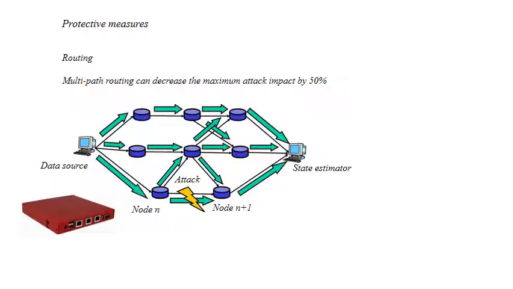So this schematic we have here is similar to the previous one, where we have a data source that wants to reach a state estimator, and it goes through a meshed network of points that are in fact substations. So what happens if an attack happens between node N and node N plus 1?